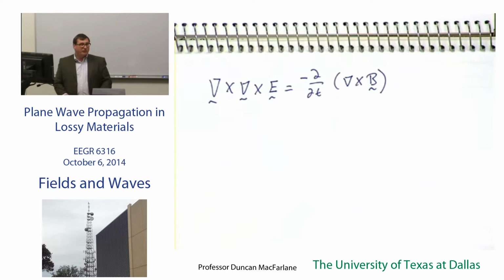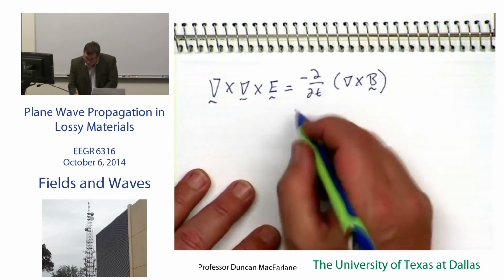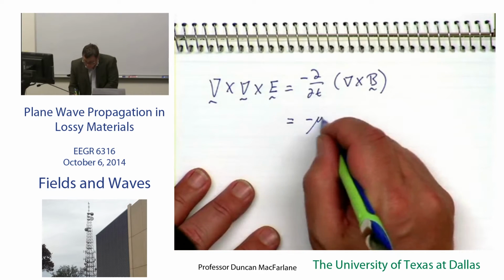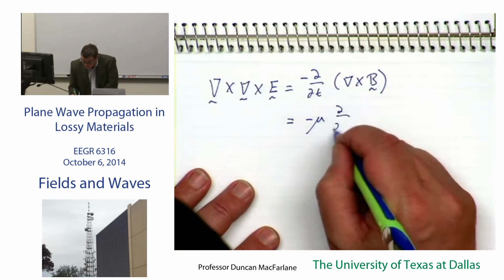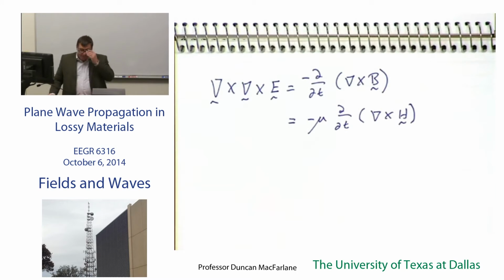So taking the curl of both sides means that I have a curl of B in there. Rewriting B in terms of mu, H gets me an E and an H together.